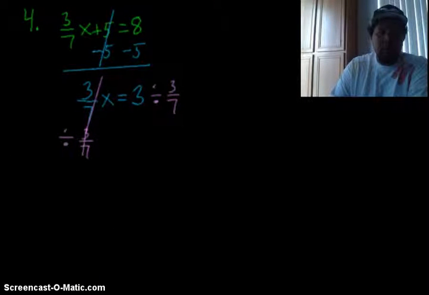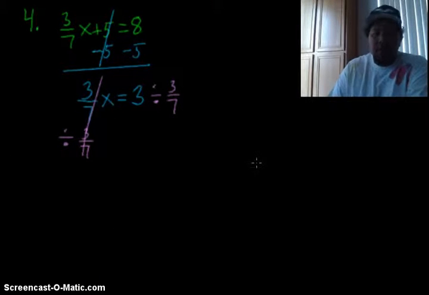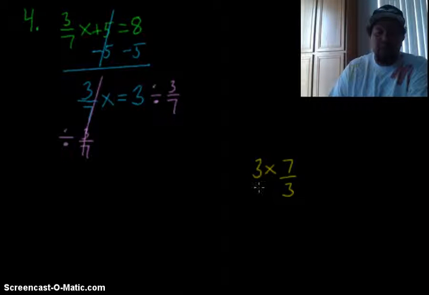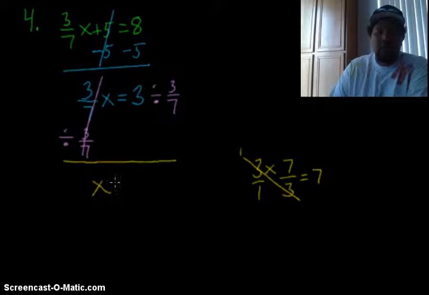So if we take a look over here on this side, we have 3 times 7/3. I usually cross cancel here, so I end up having just 7/1. So x equals 7.